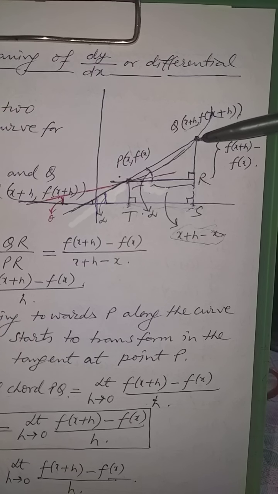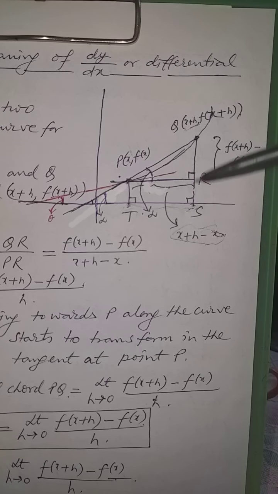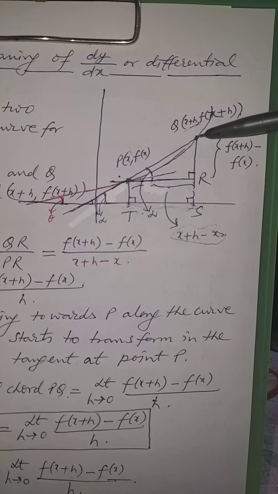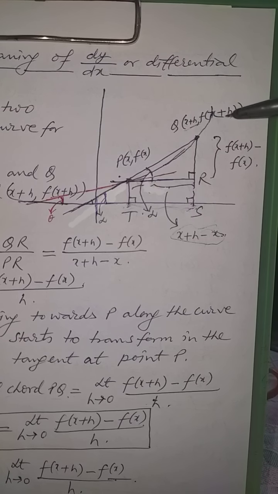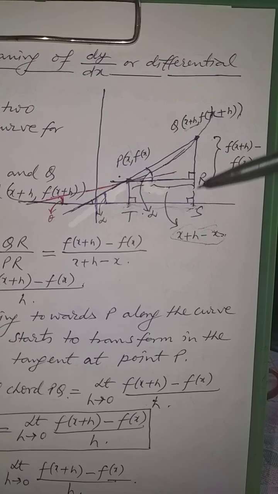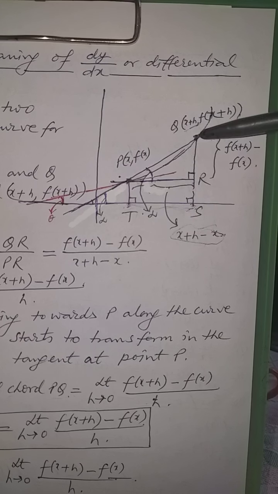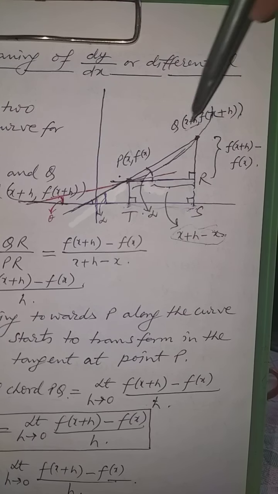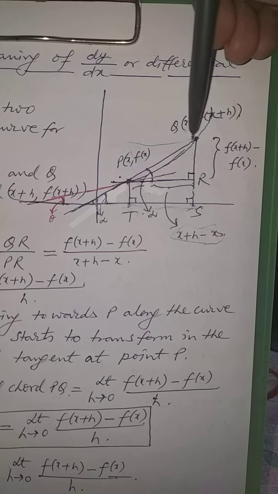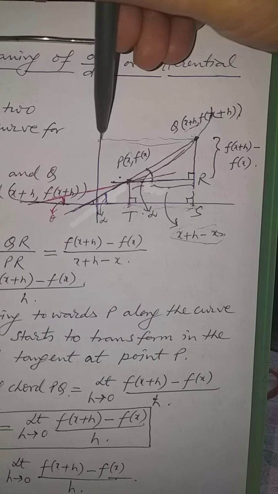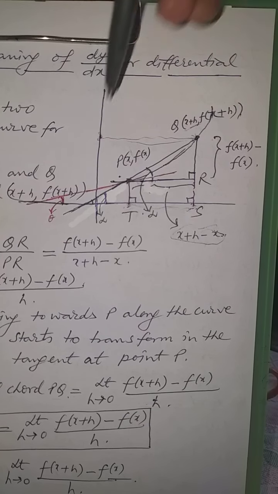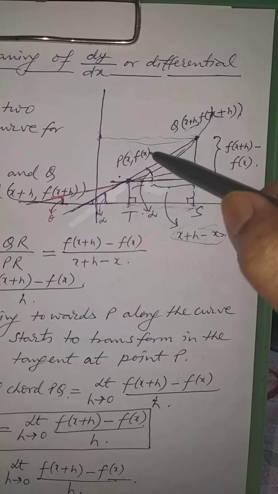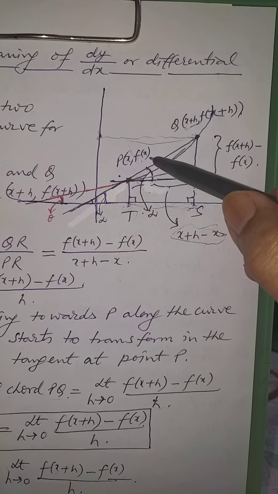Again coming to this length, that is QS. The y coordinate of this point Q is f(x plus h). So from here to here the total length will be f(x plus h) on the y-axis. From here if you drop a perpendicular on the y-axis, this point will represent f(x plus h), and the y coordinate of this point P is f(x).